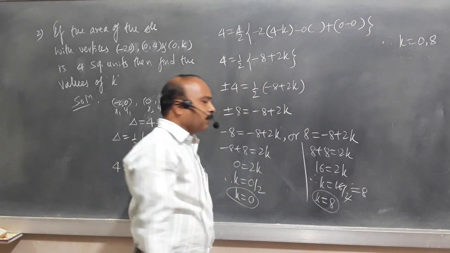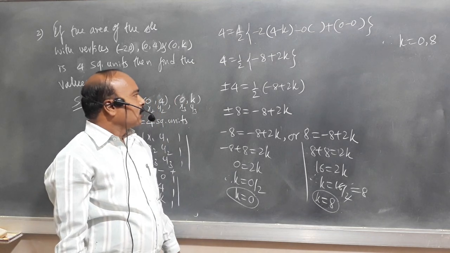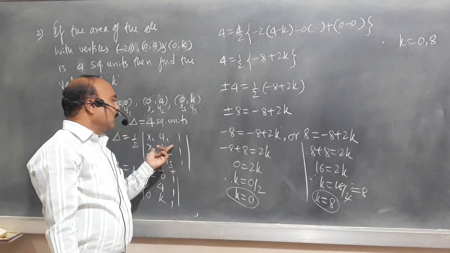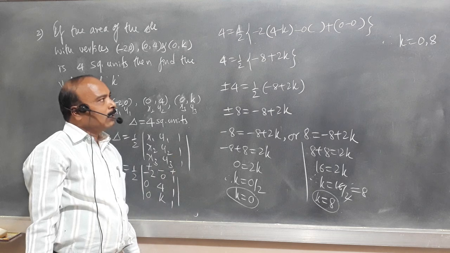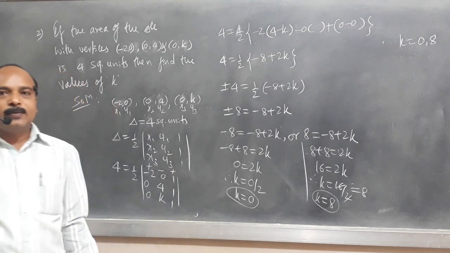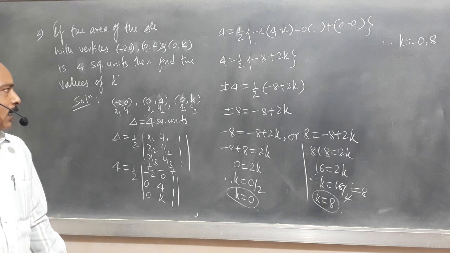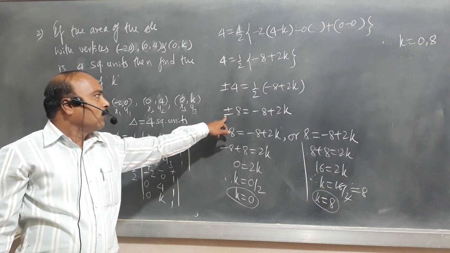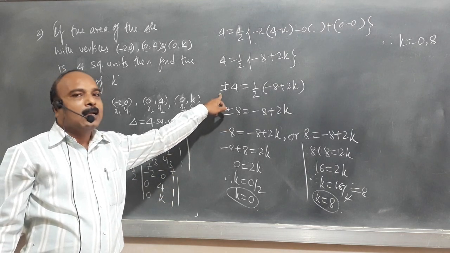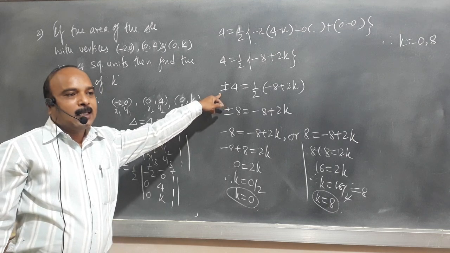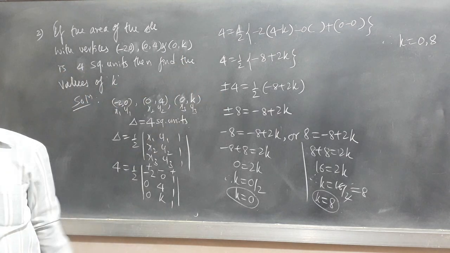These are two values of k by using the formula of area of the triangle. Like that, we calculate the value of unknowns by taking two values, that is plus or minus, at the last step. Take it as an important 2 marks question.